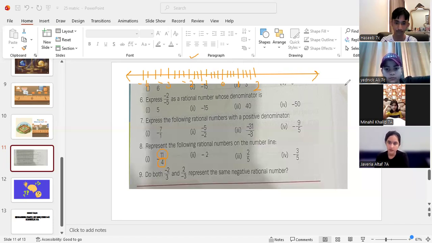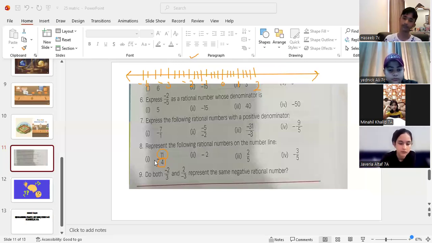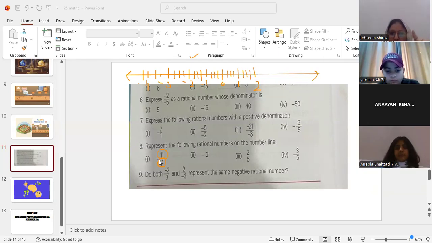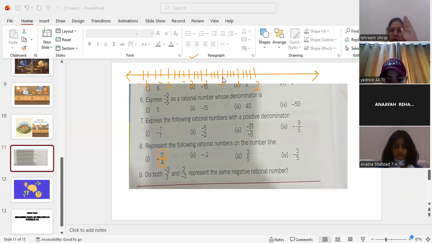Okay. Now, what we need to do is put the value -11/4 on the number line. How am I going to calculate it? Whatever the number is on the numerator side, I have to count it before and after the 0. If the number is negative, I will do it on the left hand side.